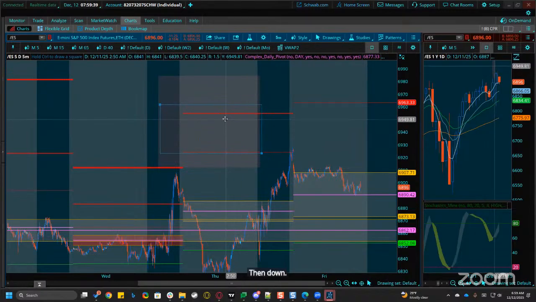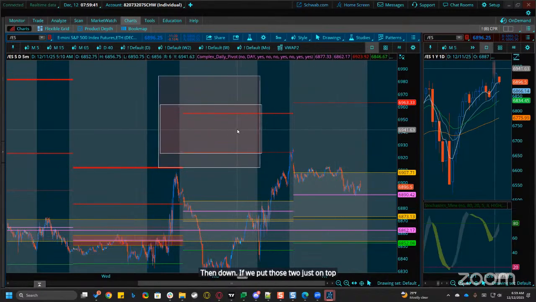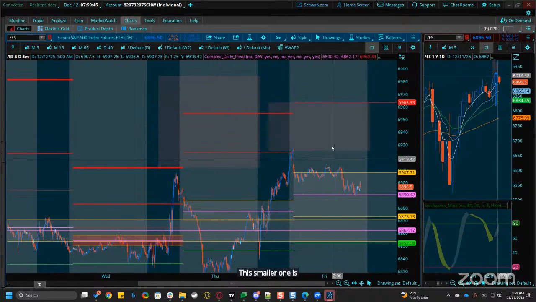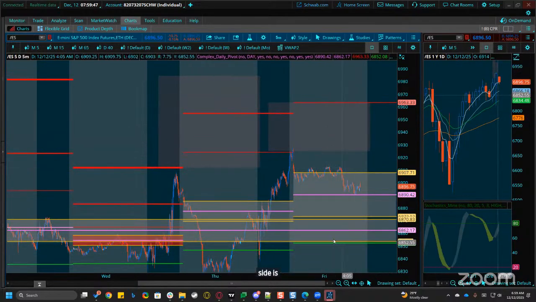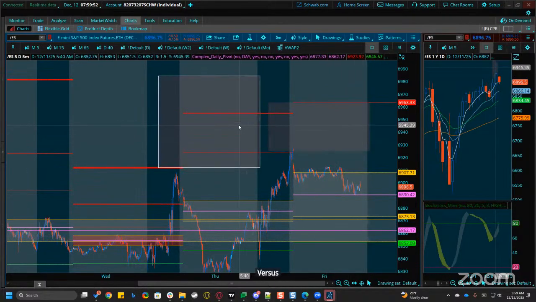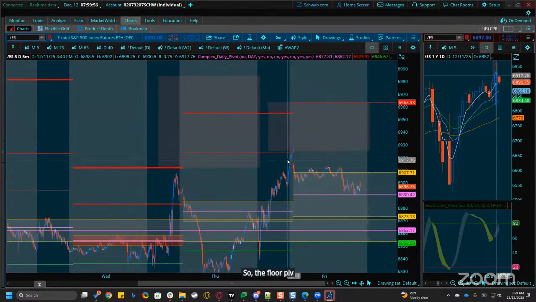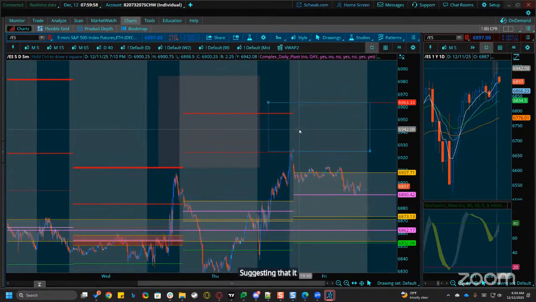If we put those two just on top of each other to kind of get some perspective, this smaller one is how far it says the call side is, or the bottom side is, versus the top side. So the floor pivots indicator is suggesting that it's more likely price goes up than down.